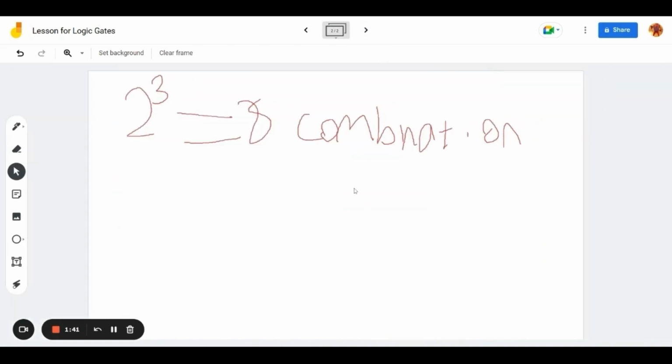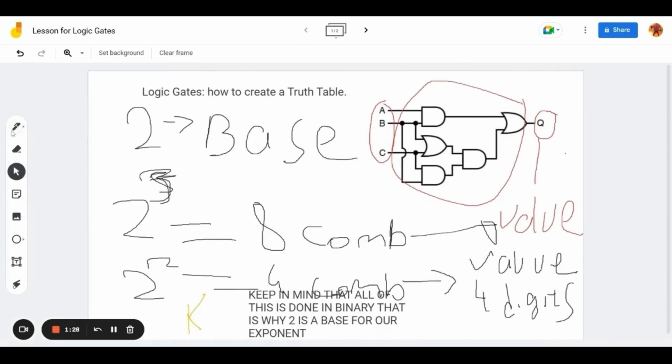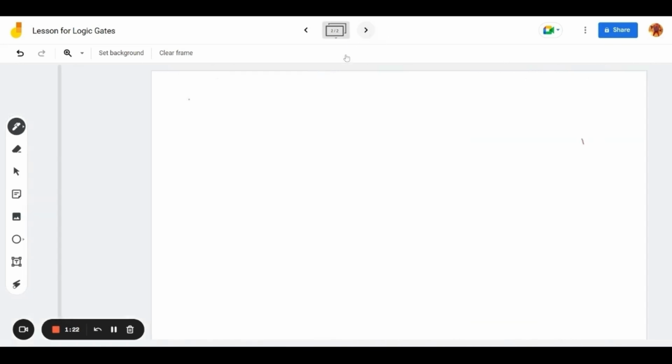All right, now let's move on to the actual making of the truth table, now that I've explained to you how the combinations work. For this, we'll use the example on this page right here to show you how to make a truth table. Here we see that there are 3 inputs, so we would automatically do the exponent.